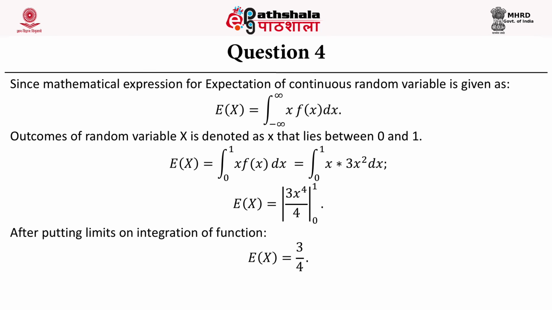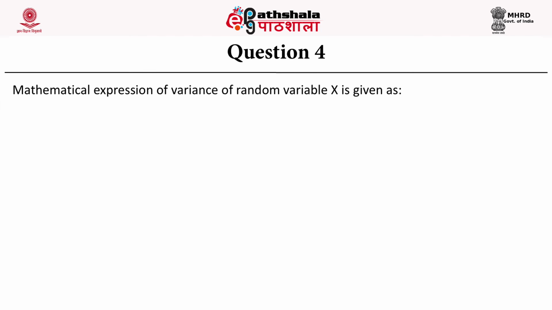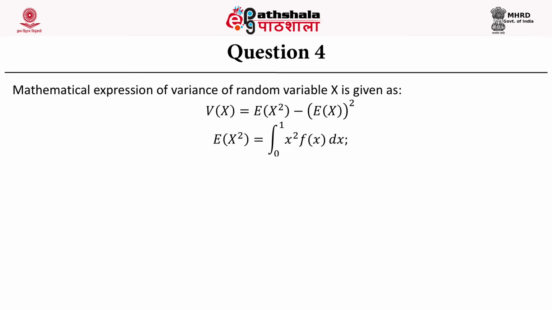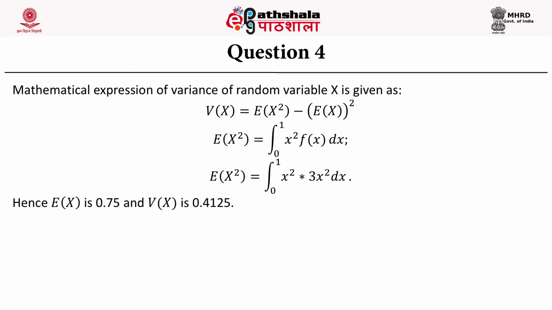The mathematical expression for the variance of a random variable is given as variance of x, which is expectation of x square minus expectation of x whole square. Expectation of x square is equal to the integral from 0 to 1 of x square f(x) dx, that is the integral from 0 to 1 of x square times 3x square dx.